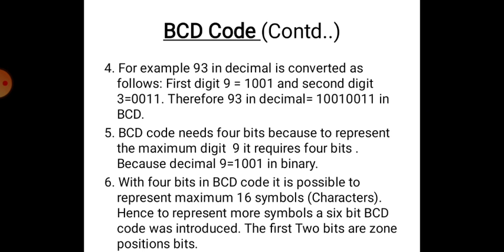How do you get 16? Because 2 to the power 4 is equal to 16. So to accommodate more symbols, 16 combinations were less, so additional 2 bits were added and we had a new 6-bit binary coded decimal code.